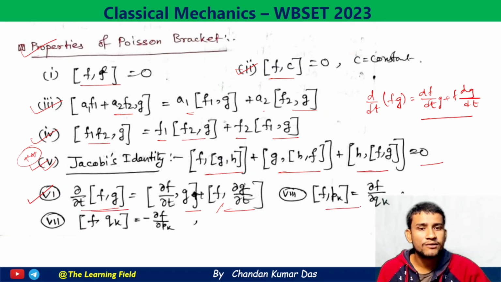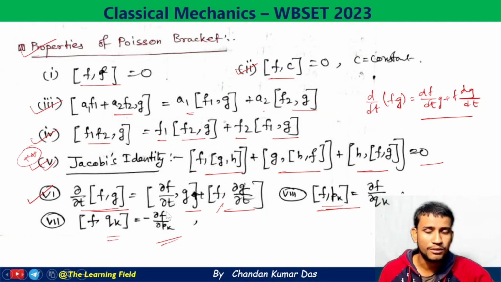And [f, p_k] is equal to del f/del q_k, and [f, q_k] is equal to minus del f/del p_k. These properties are very important, and when we have to calculate any problem, we need these properties.